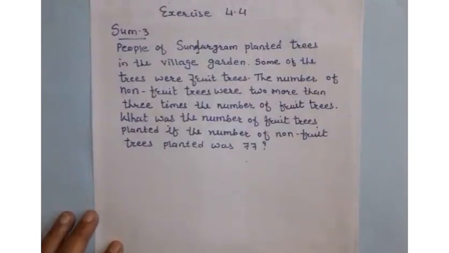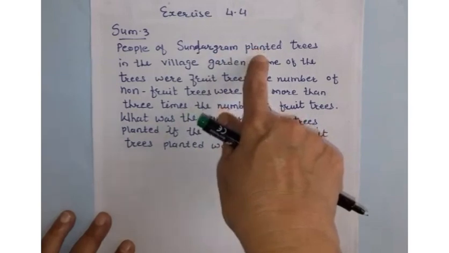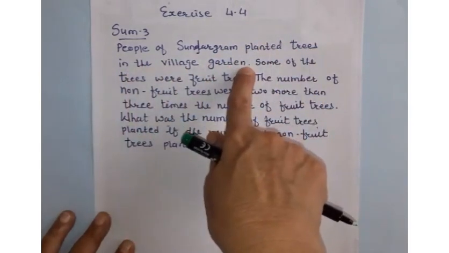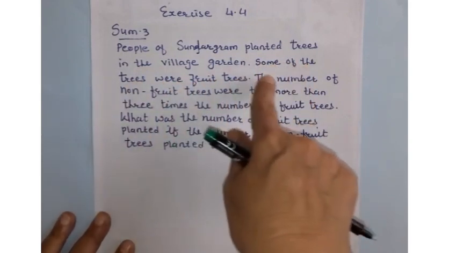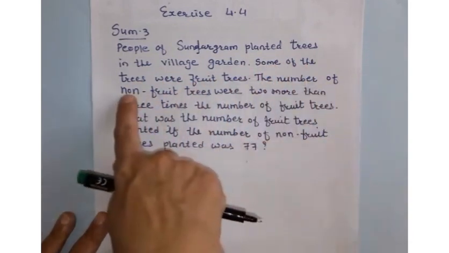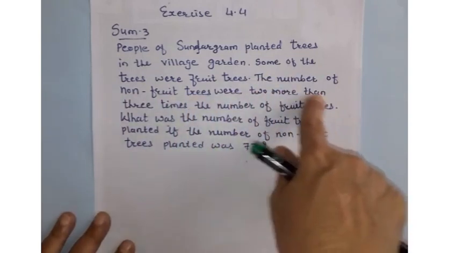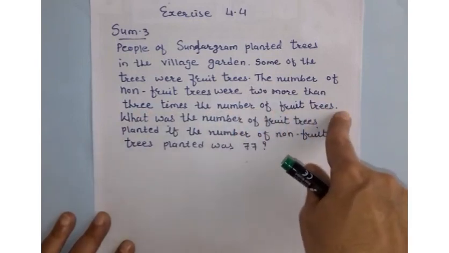Students, in sum number 3, we will solve the last sum. Over here it is given, people of Sundargram planted trees in the village garden. Some of the trees were fruit trees and the number of non-fruit trees were 2 more than 3 times the number of fruit trees.